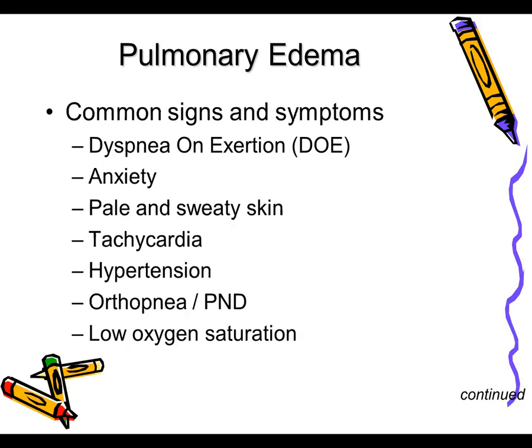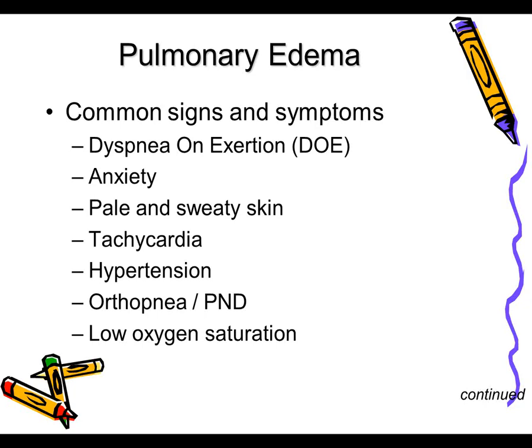Common signs and symptoms of pulmonary edema include dyspnea on exertion. That may be their only initial sign or symptom, is that they can't walk up a flight of stairs anymore. They're really, really short of breath. They may be anxious. They may have pale and sweaty skin, tachycardia, hypertension. They may not be able to breathe lying flat. That's called orthopnea.